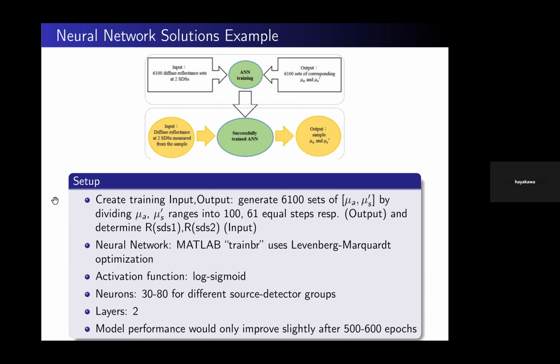And then he basically determined the performance of the final neural net based on how well it predicted what he knew gave rise to those two reflectances. So once he had the neural net all converged and working, he could put in any two source detector separations and get back the output.